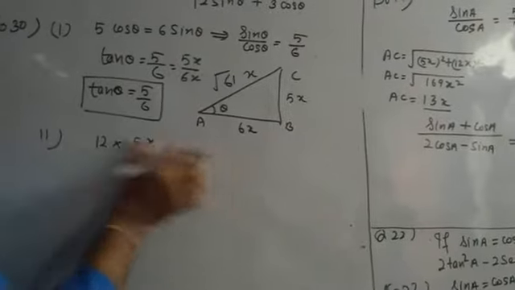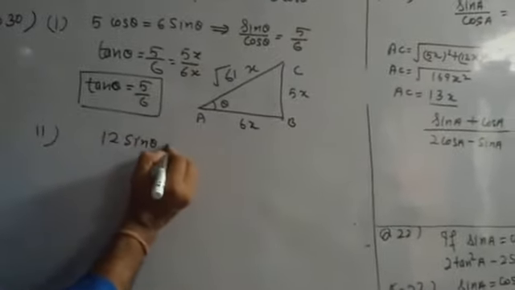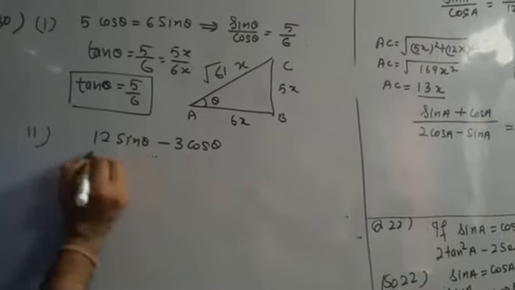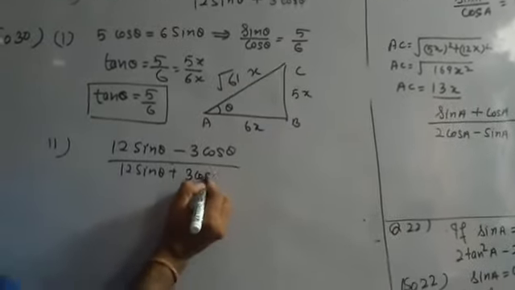First write the question here: (12 sin theta minus 3 cos theta) upon (12 sin theta plus 3 cos theta).